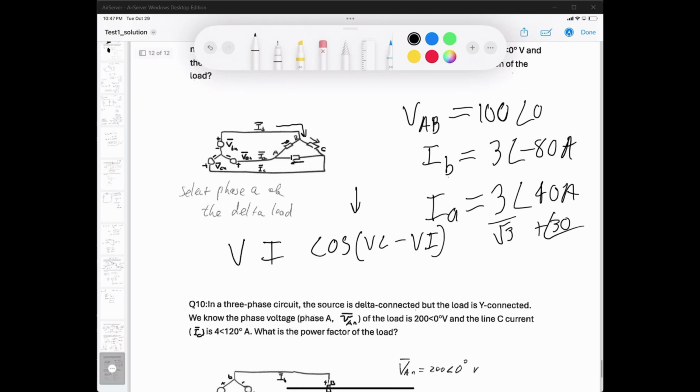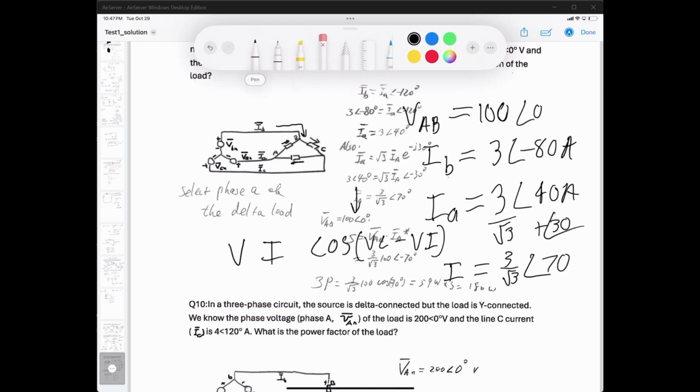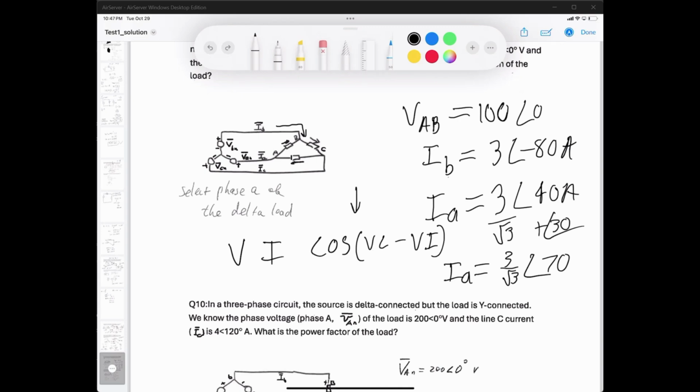So IA will be equal to 3 over root 3 with an angle of 70. Or should I say, IAB. Something like that.